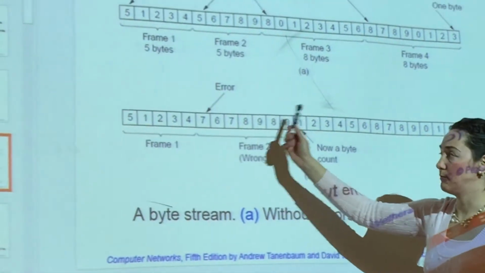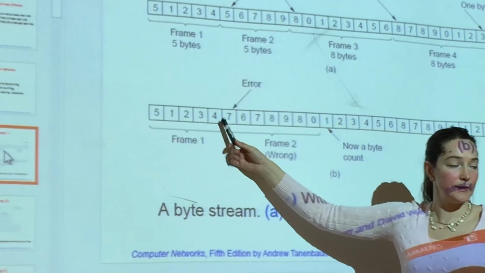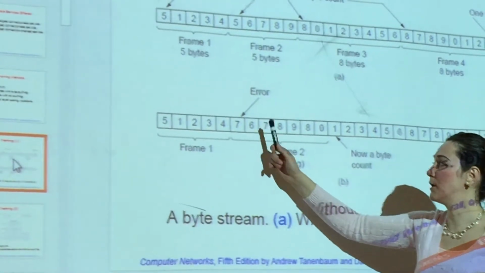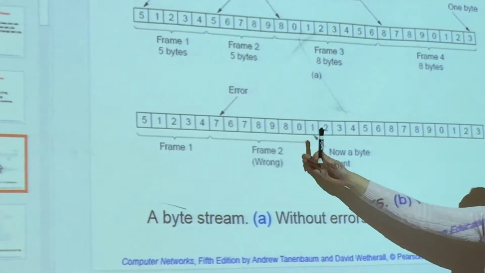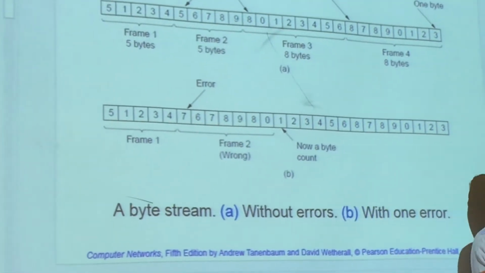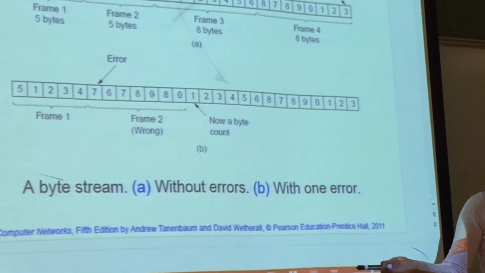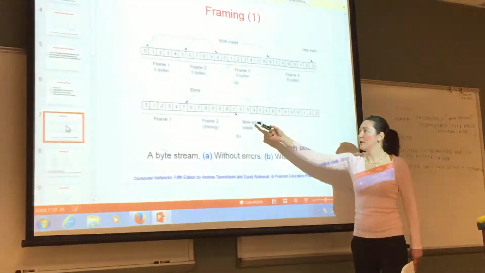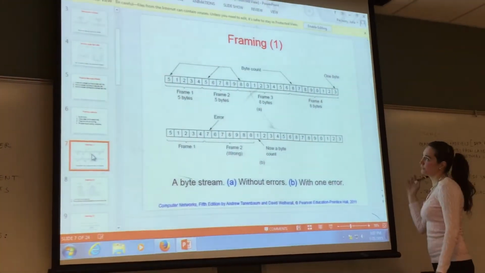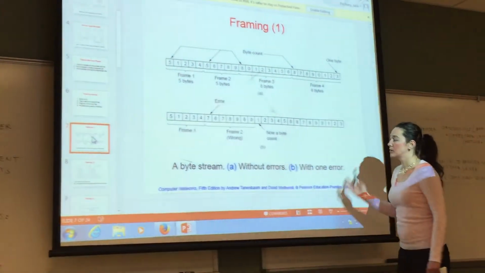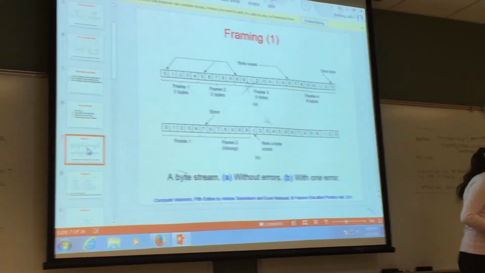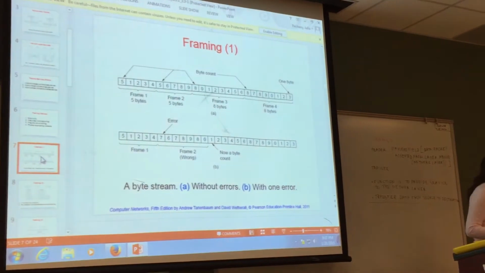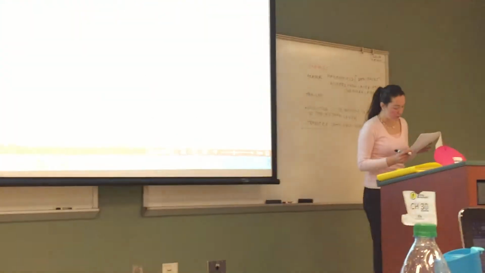So now the receiver doesn't know that, and it's going to count 7: 1, 2, 3, 4, 5, 6, 7, and we'll cut it off here. And if that happens, then it's going to lose the whole order of all the frames that follow. So it's like a total loss, because it's going to lose everything that follows. So we don't want that.